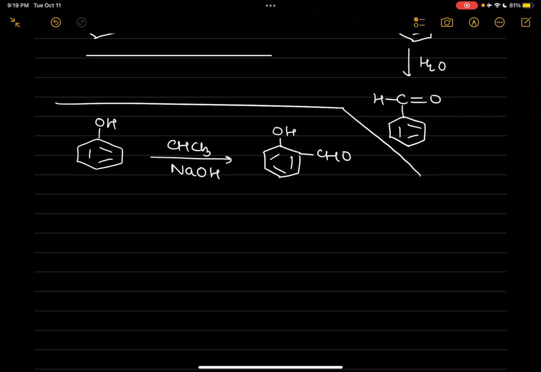Normally, if both ortho positions are free, then ortho actually overpowers para. So the ortho product is the major product. But if one ortho is occupied, then there will be a competition between ortho and para. Sir, generally para will be obtained as the major product, right? Yeah, generally para, but it depends.